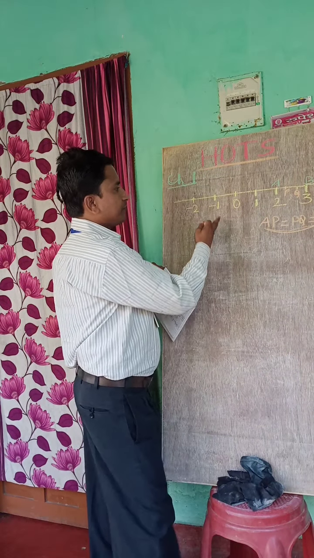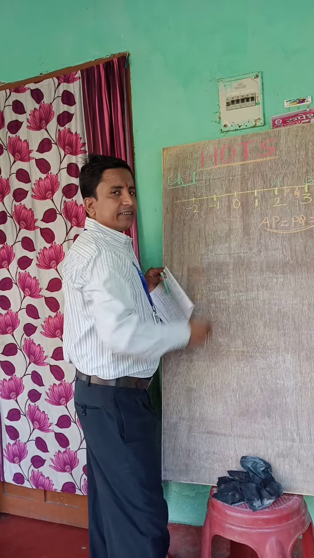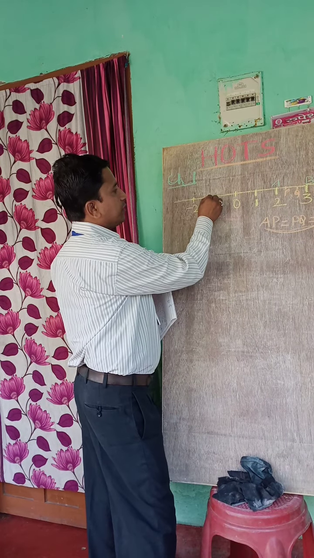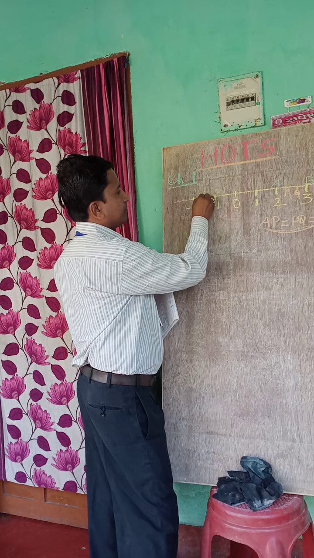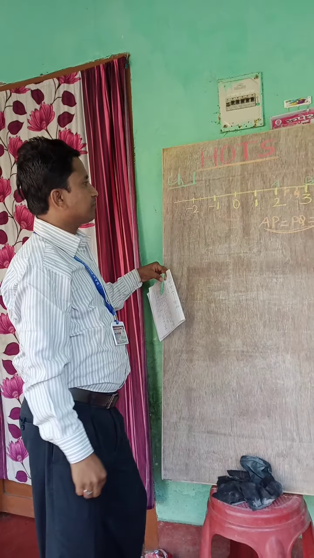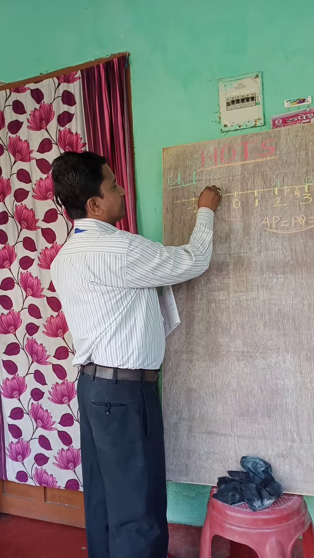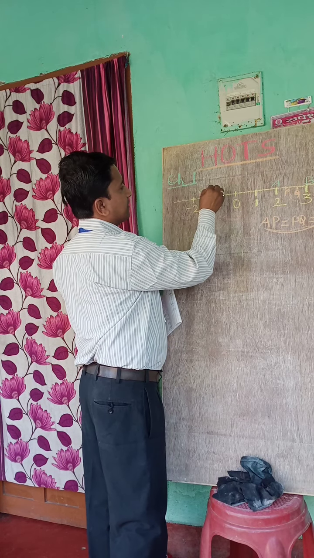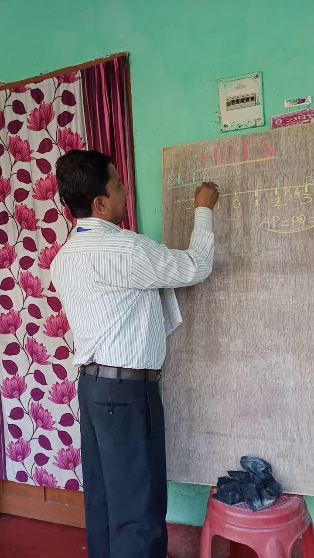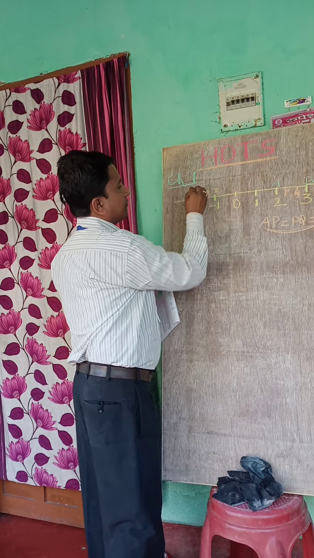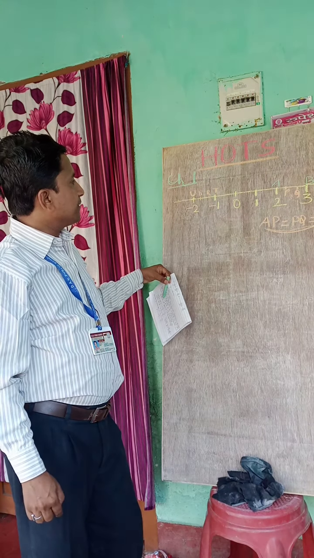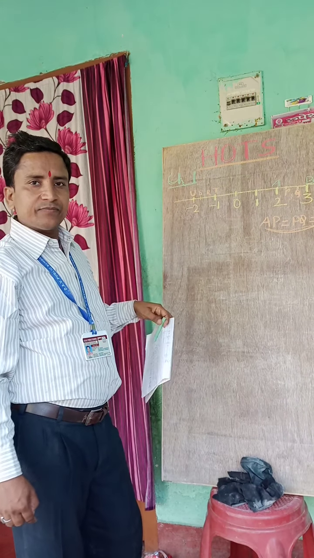Similarly, in this side also you have to insert 2 points here, R and S. T and U is given. You have to find R and S.